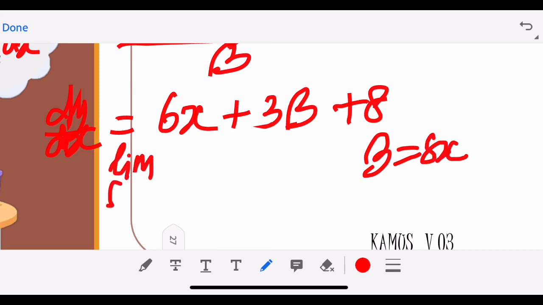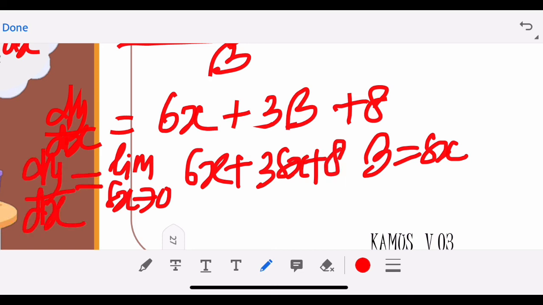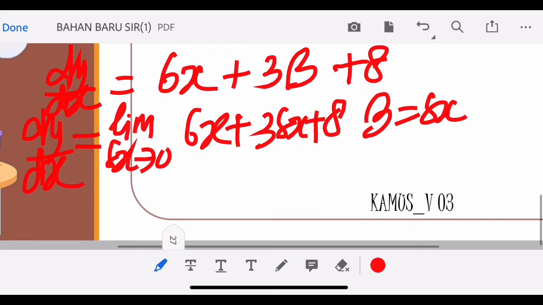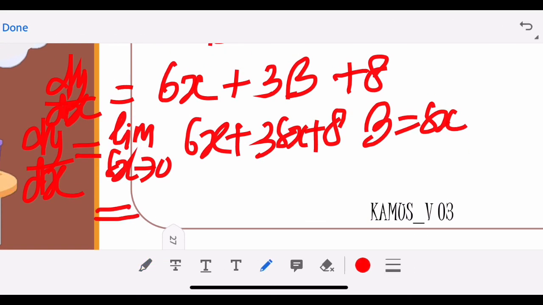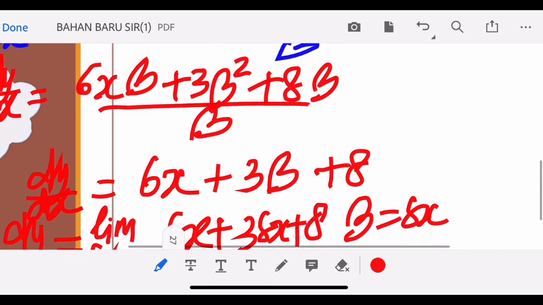So we have to apply the limit when delta x approaches 0, for 6x plus 3 delta x plus 8. When delta x approaches 0, dy/dx will give you the answer 6x plus 8, right? So that is the concept of the limit for the first derivative using the first principle.